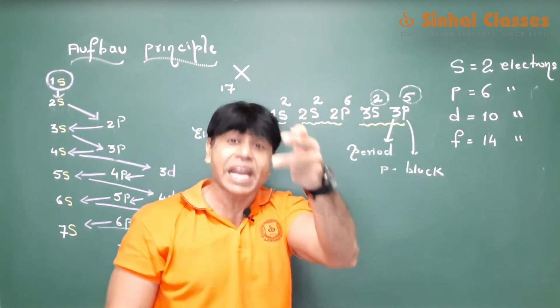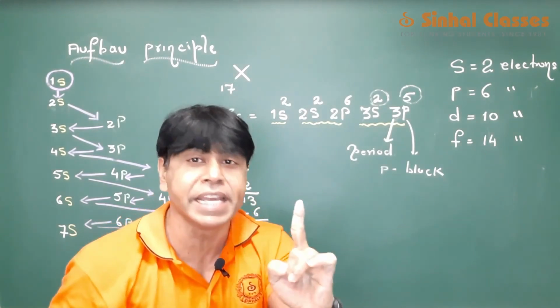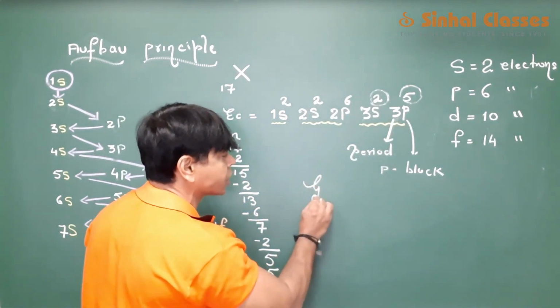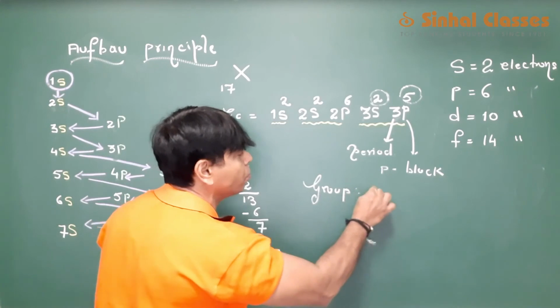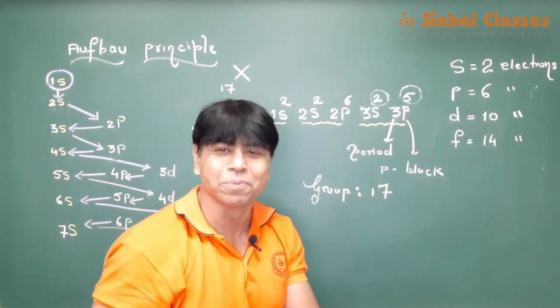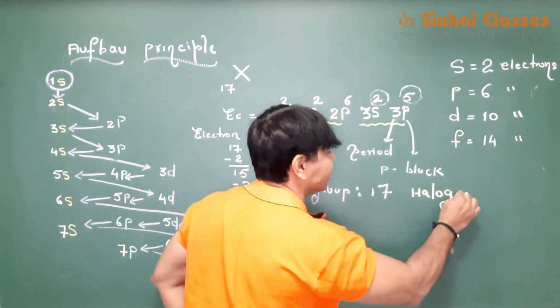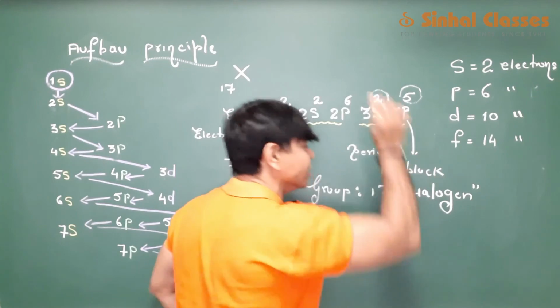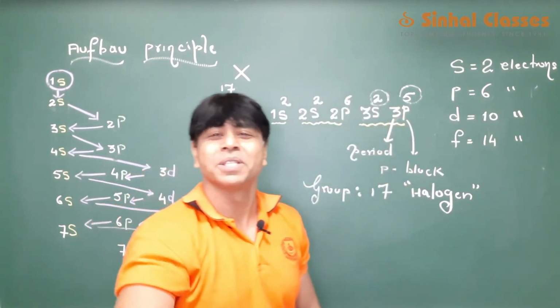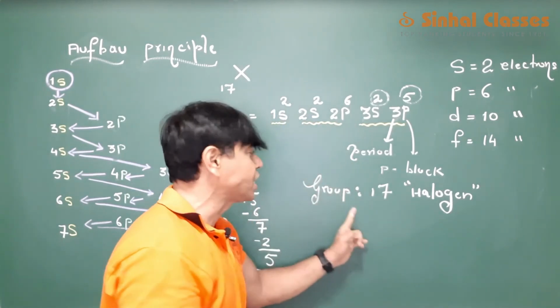So when you add 10 to it, 10 plus 7 makes up 17. So according to Moseley, it belongs to group 17. And you know, group 17 is called halogen family. They are halogens.